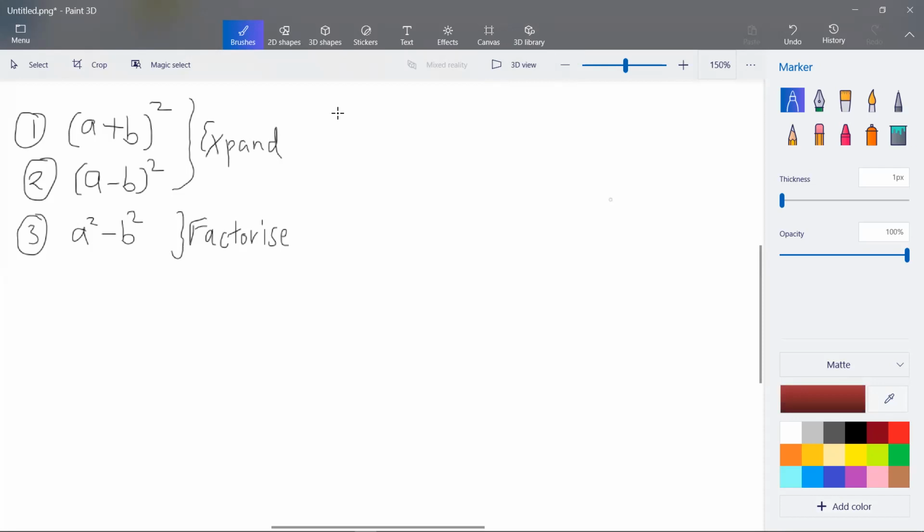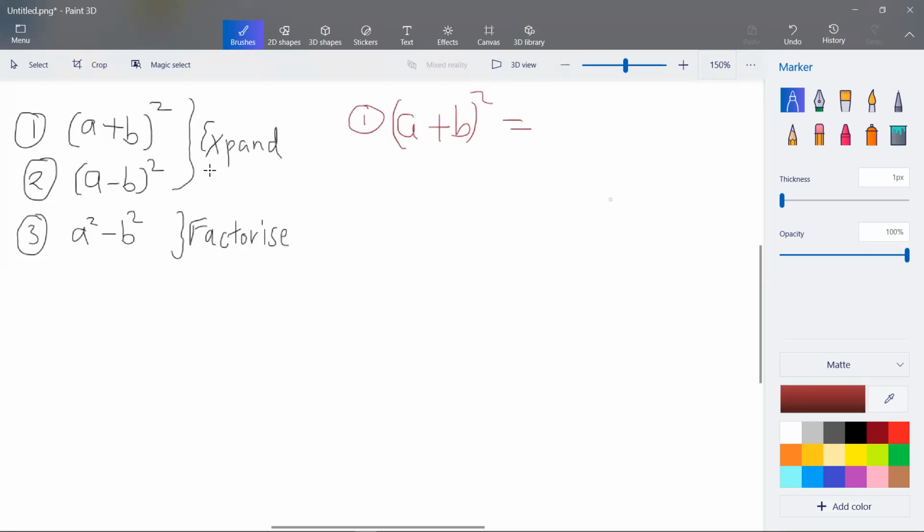So if you're asked to expand some math problem that looks like number 1 right there, a number A plus a number B, and the whole bracket has been squared, this is how the expansion will look like. Before I forget, expansion simply means you remove brackets.